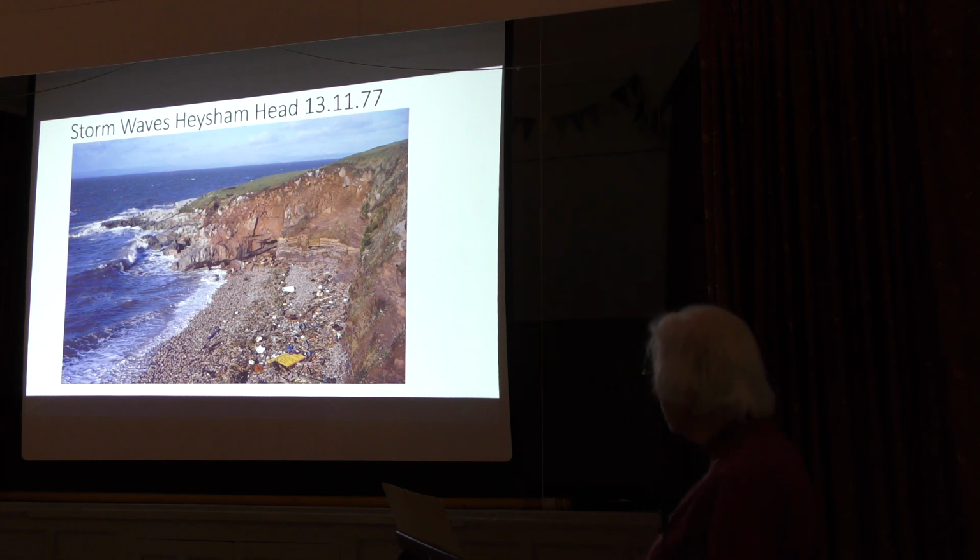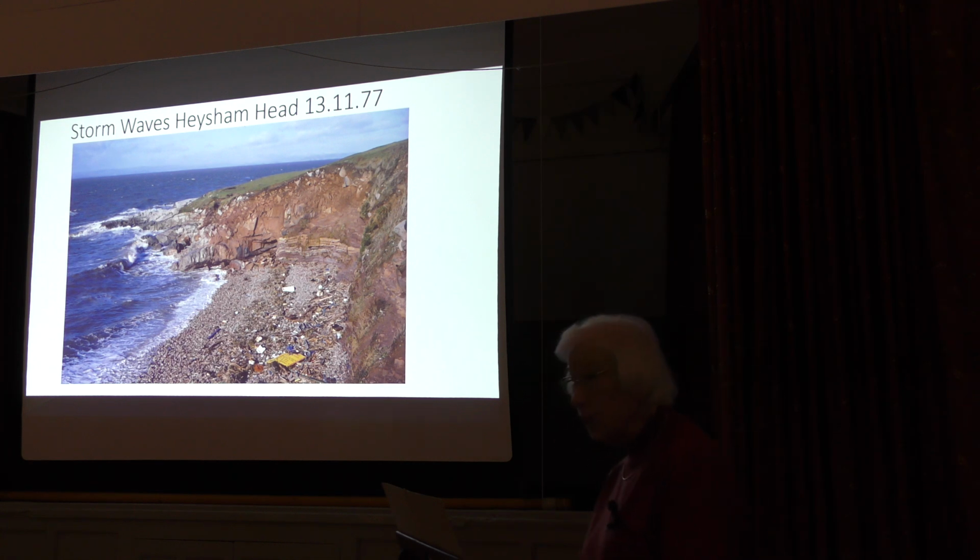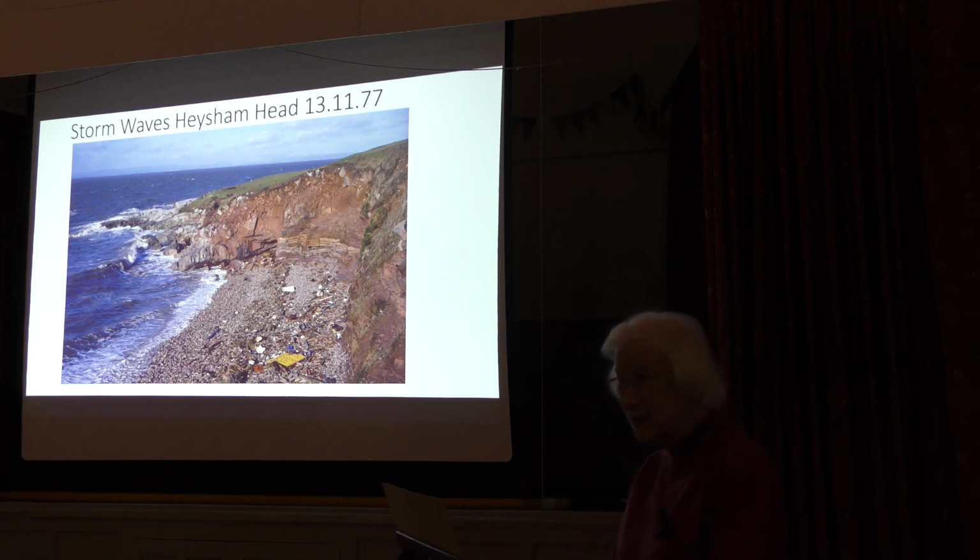Quite a lot of damage, changes to these cliffs here, and particularly noteworthy perhaps was the West End Pier at Morecambe was severely damaged and had to be demolished. But that was a very big storm surge, which clearly can have a marked effect on the bay.